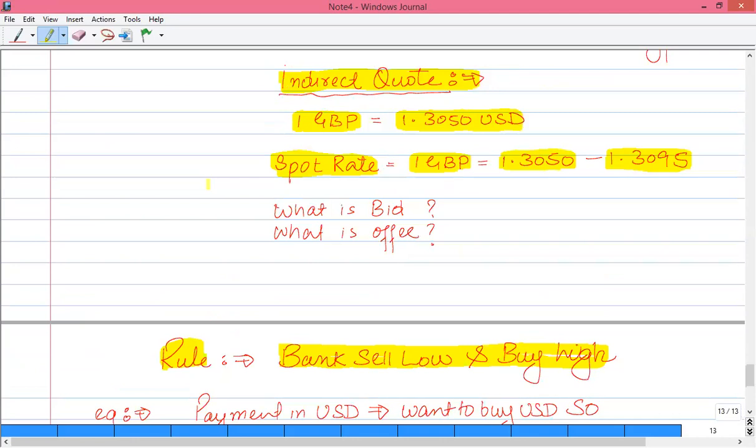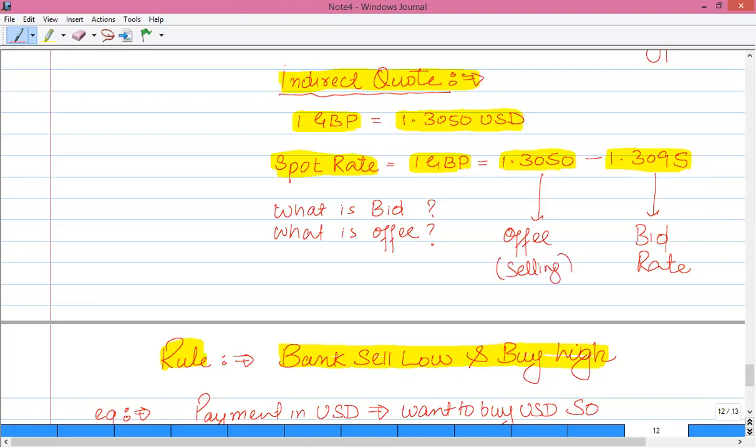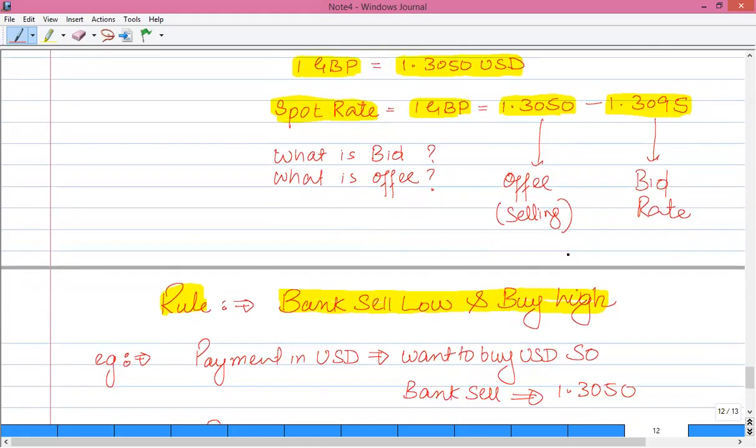So in this example, as this is a lower rate and this is a higher rate, we can say that this is the bank's bid rate or buying rate, and this is the bank's offer rate or selling rate. So when the bank has to sell foreign currency, the rate would be 1.3050, and when the bank has to buy foreign currency, the rate would be 1.3095.